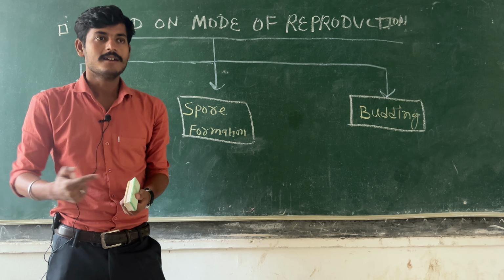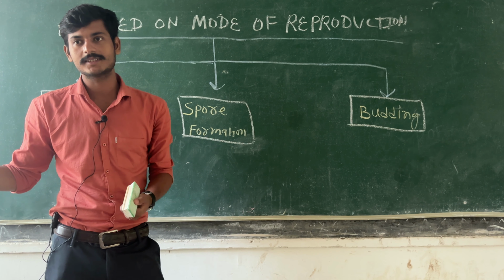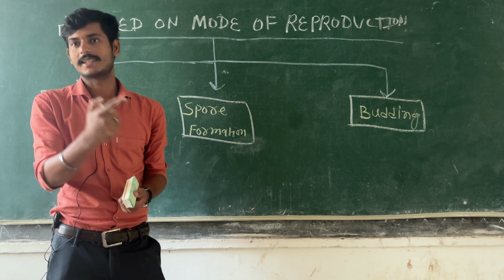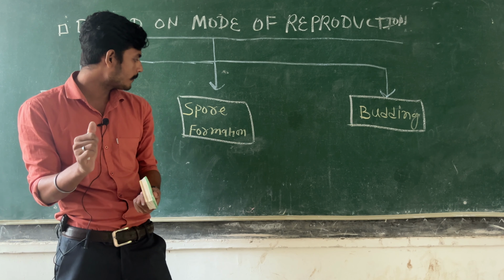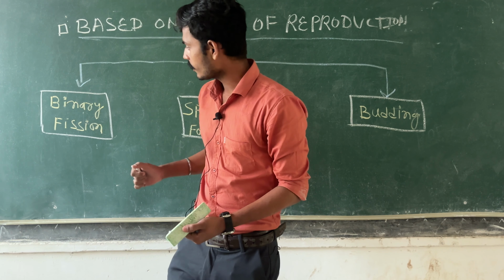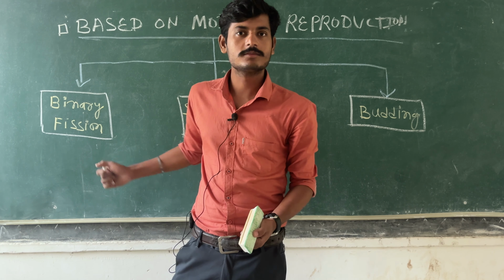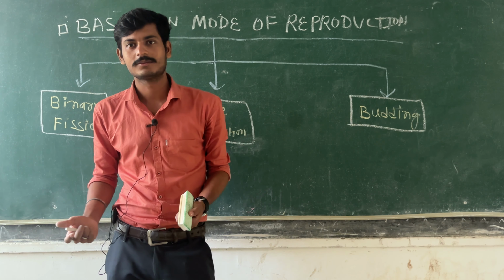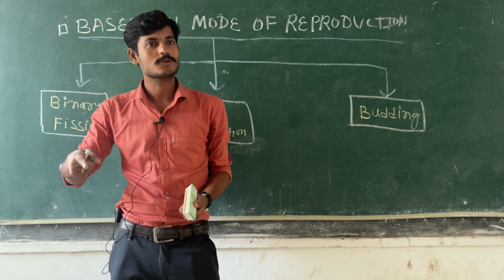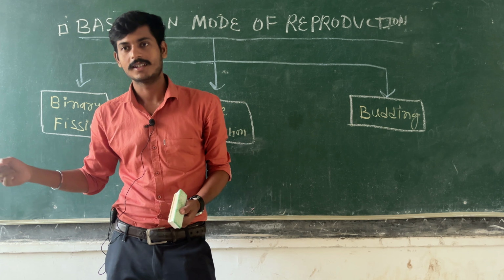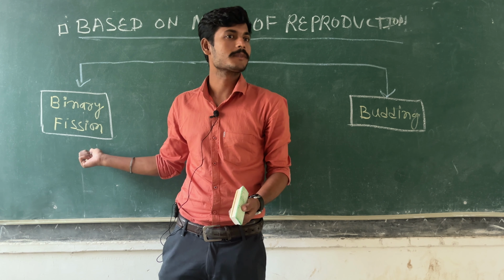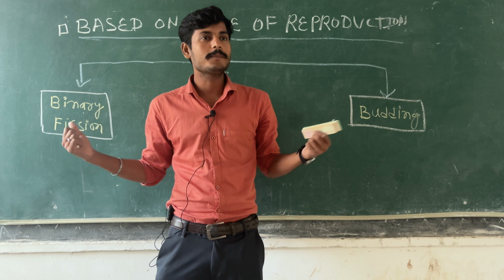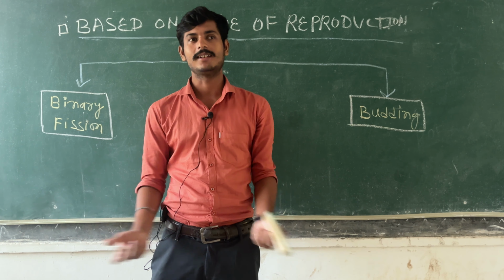Yes, very good. For continuity of generations, reproduction is necessary. Bacteria also want to continue their generation, no? So for that, they have to reproduce, and they will reproduce in a different style.